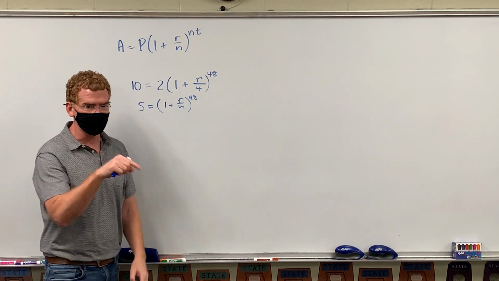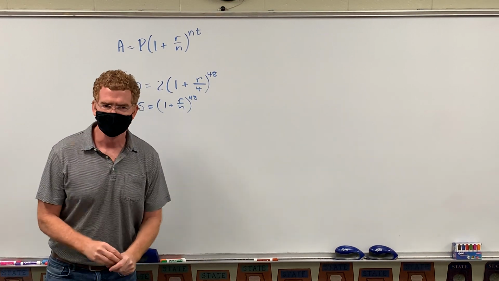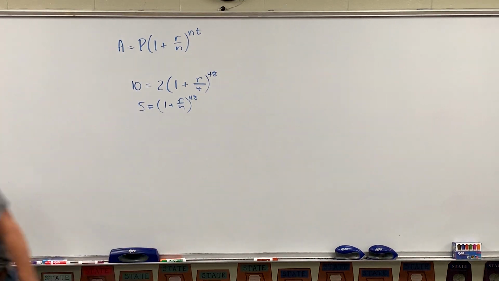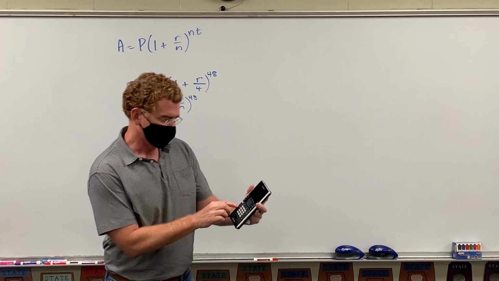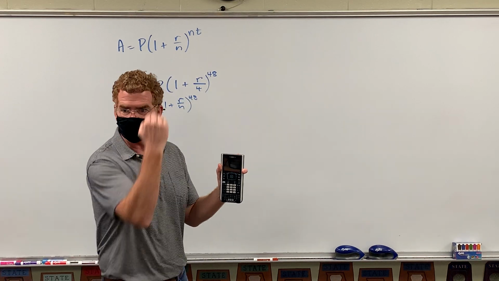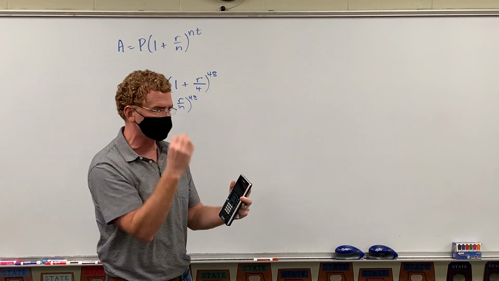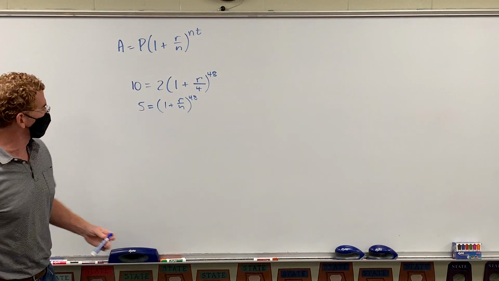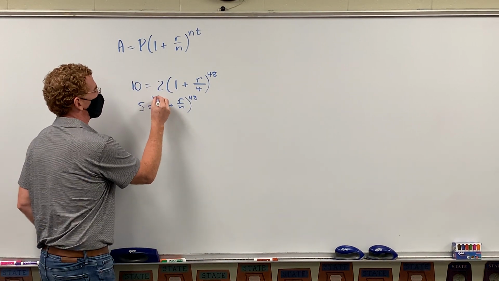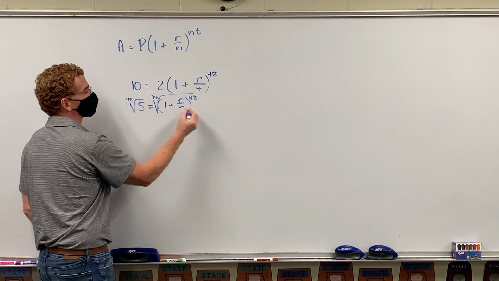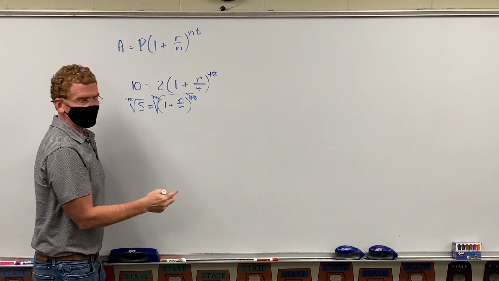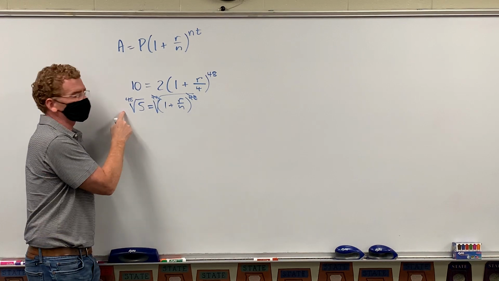Do y'all know you have a 48th root button on your calculator? I mean, you have an nth root button. Not a 48. But if you go to your calculator, right where the little caret key is, you know how you do an exponent? Right above that, you'll see n root x. So you can literally go in there and do the 48 root of 5. Now that root and that root cancel. Now because they're even roots, technically you get what?